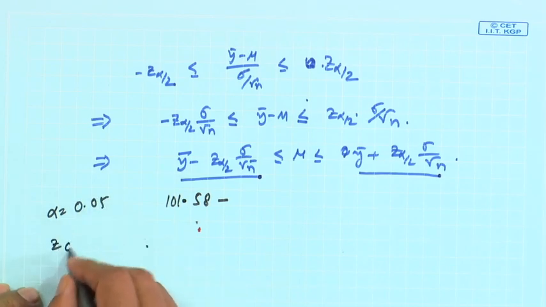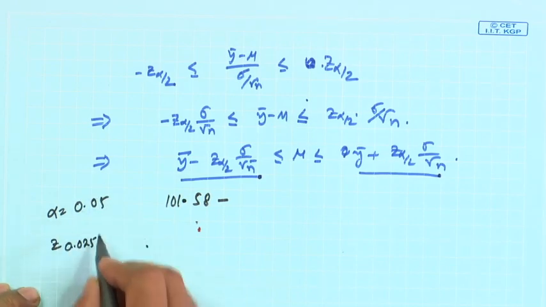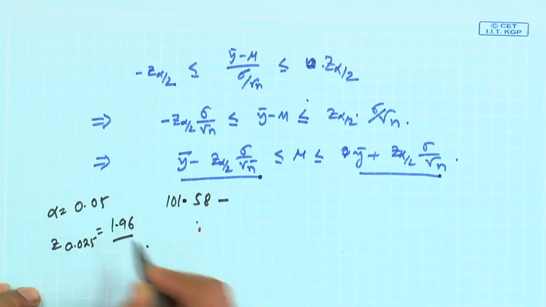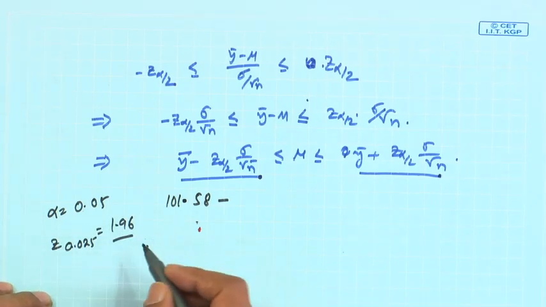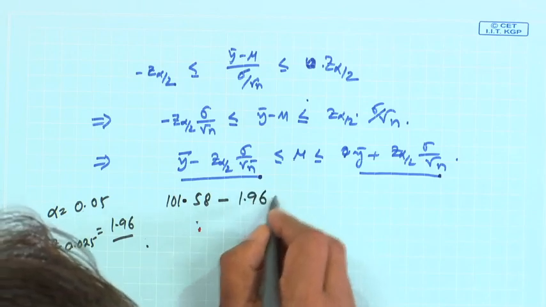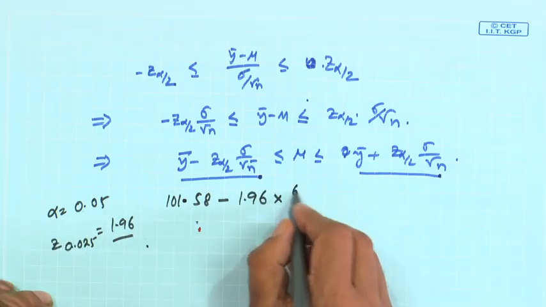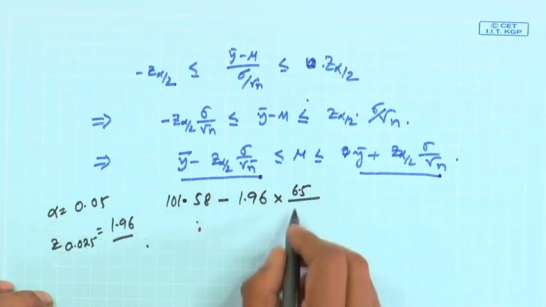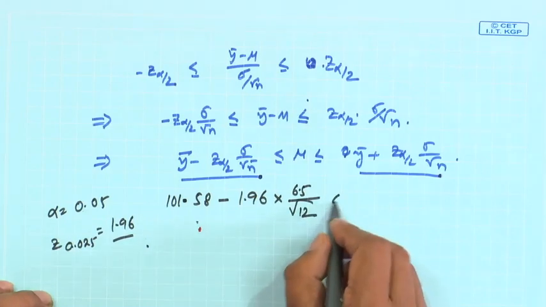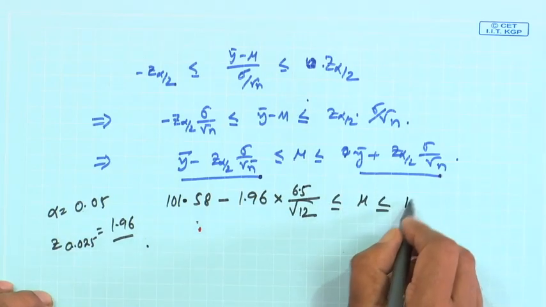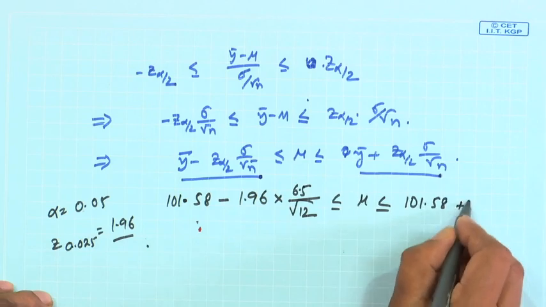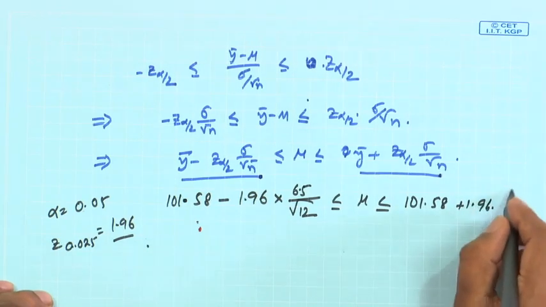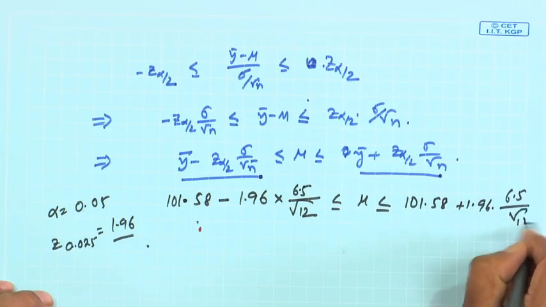Then z 0.025, which is alpha by 2, is nothing but 1.96. So 1.96 times sigma, and sigma is 6.5, divided by root n, that is 12, less than or equal to mu, less than or equal to 101.58 plus 1.96 times 6.5 by 12.